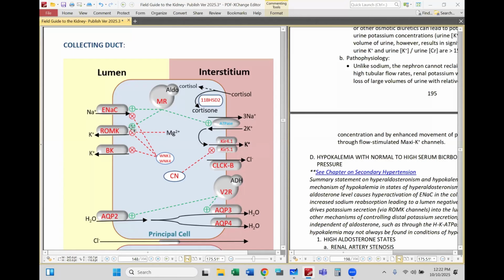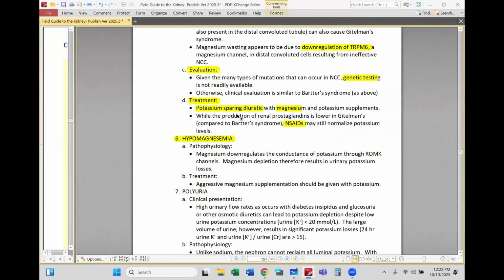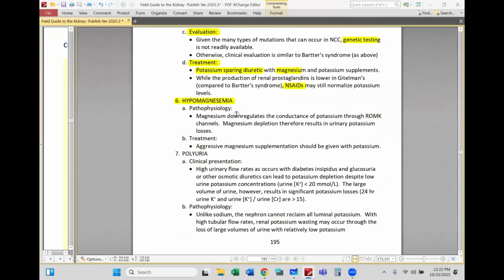So you have a tendency to secrete more K into the urinary space. That is the explanation for why, it's often argued when you have a hypomagnesemic, hypokalemic patient, focus on the magnesium deficiency so you're not chasing your tail with all the K supplement that you're giving. That's just dumping out into the urine. Okay.